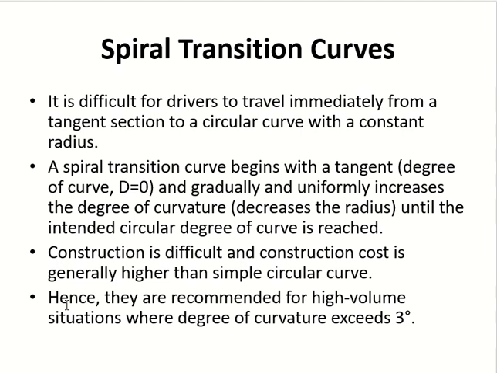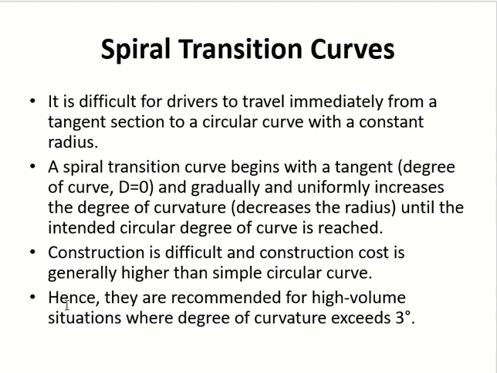So it starts from the tangent. Now for the tangent, there is no curvature, right? Tangent means no curvature. So the degree of the curvature on the tangent is 0. So it starts with 0, which is ideal. And then it gradually changes. From point 1 to point 2 to point 3, it is changing slightly.